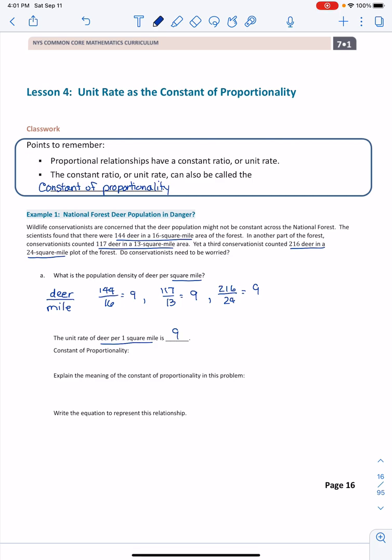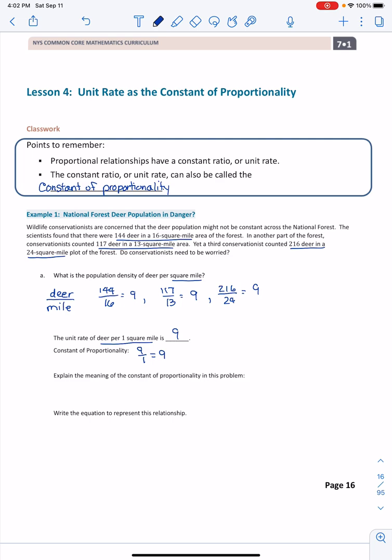So the constant of proportionality, which is the same as unit rate, is then going to be 9 over 1, which equals 9.